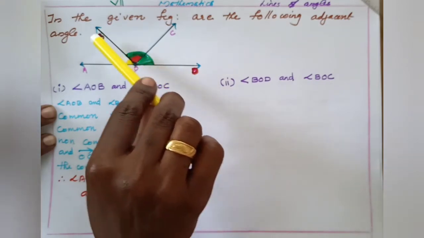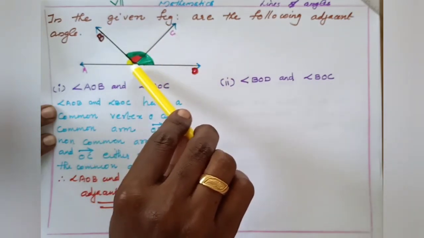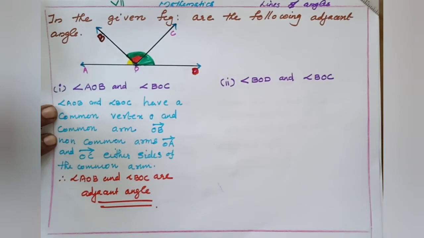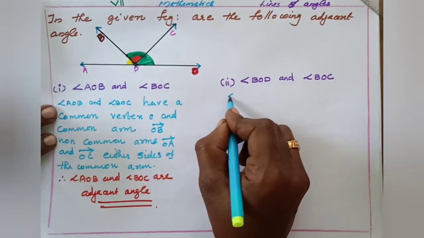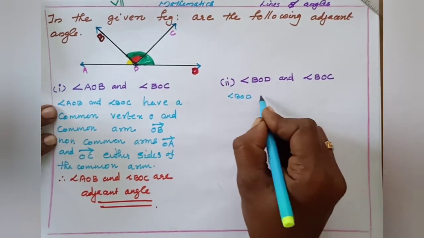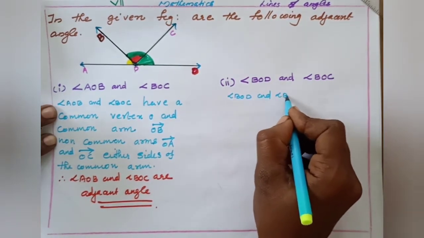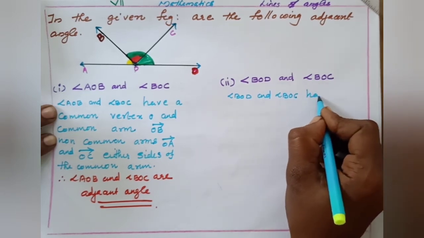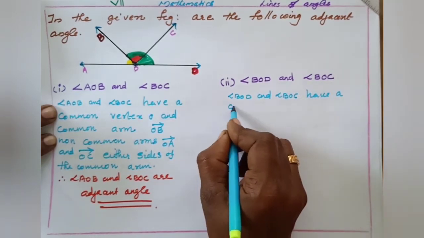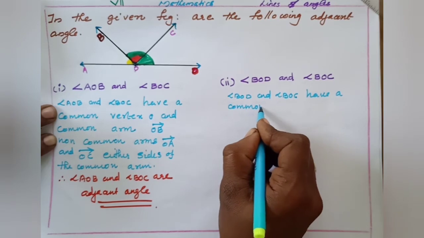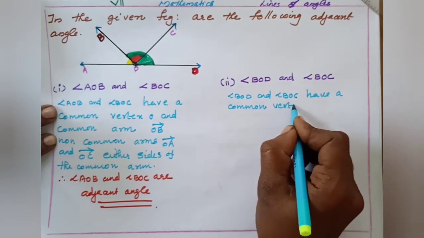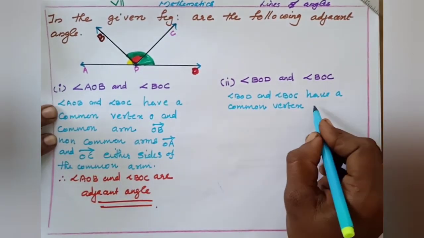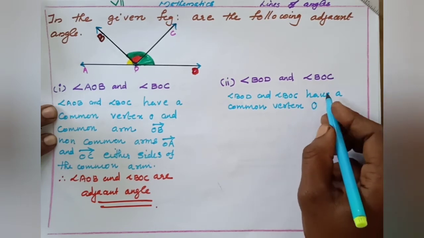The red color portion is the second angle BOC. They have a common vertex O. So we can write angle BOD and angle BOC have a common vertex O.